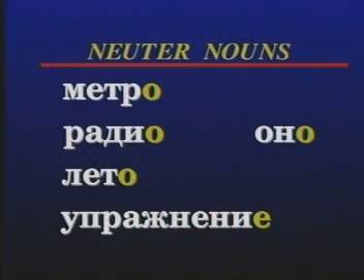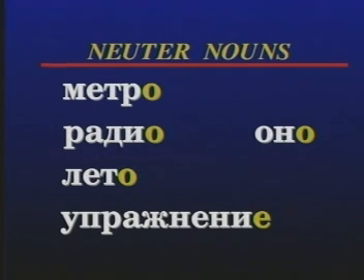And neuter nouns get replaced with the pronoun оно. The Russian language has this very special pronoun оно. It replaces neuter nouns within a sentence. When you get tired of saying метро, метро, метро in each of your sentences, replace it with оно. Notice that the neuter pronoun also ends in о.